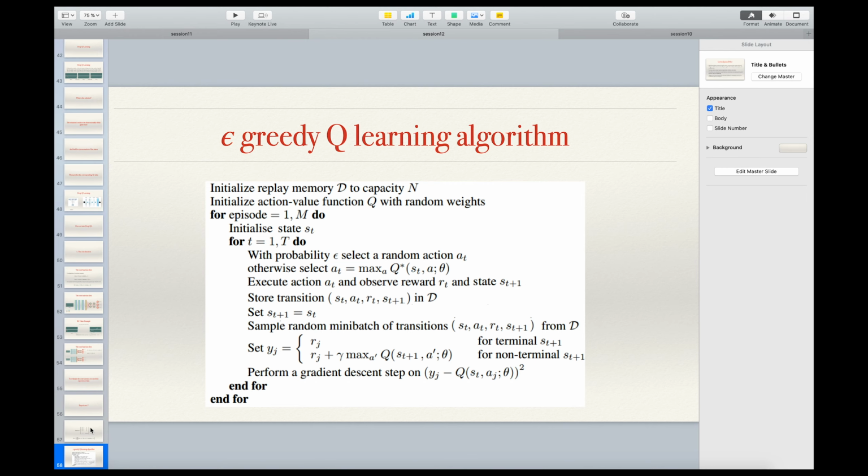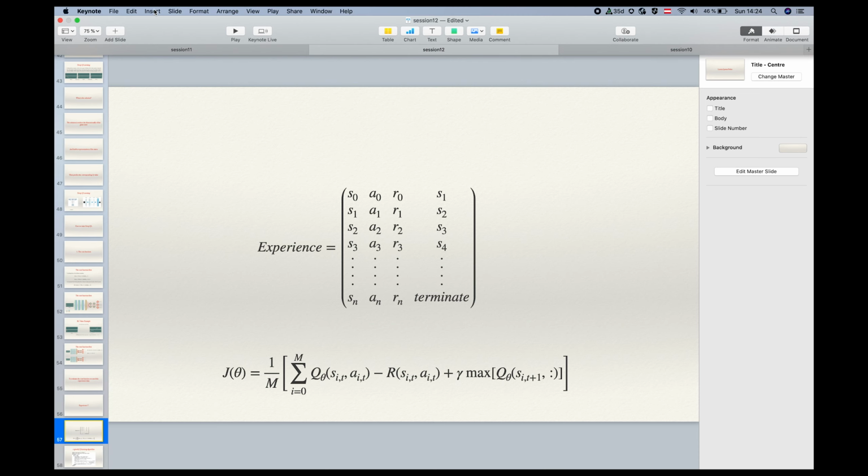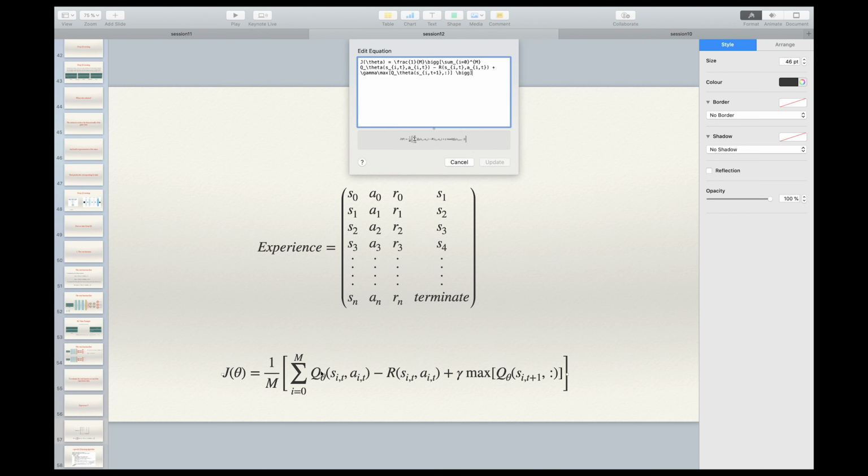It could be just the absolute difference here, or it could be, for example, what we see there, with this sum.